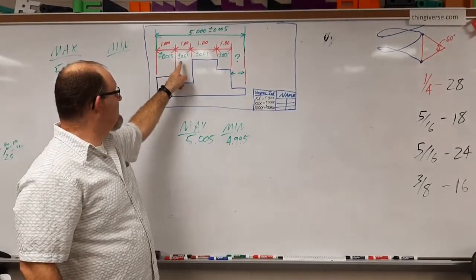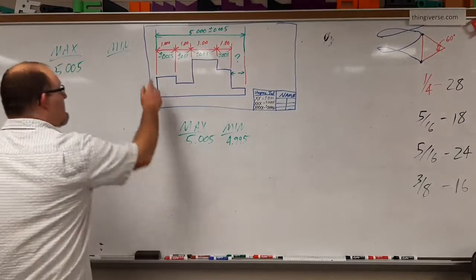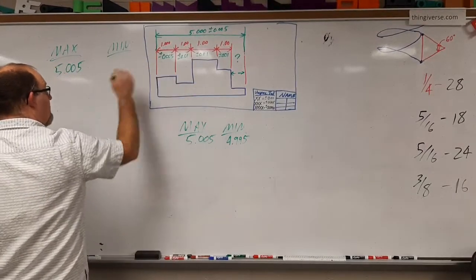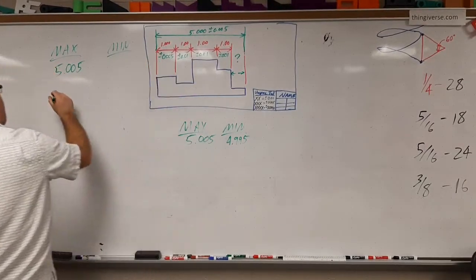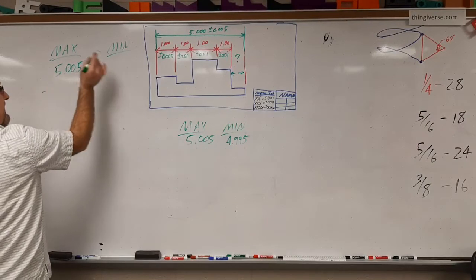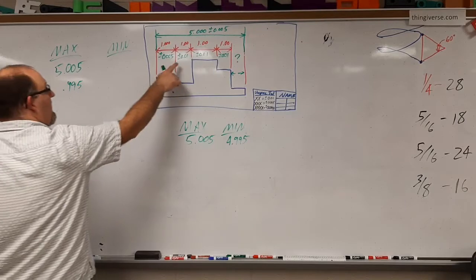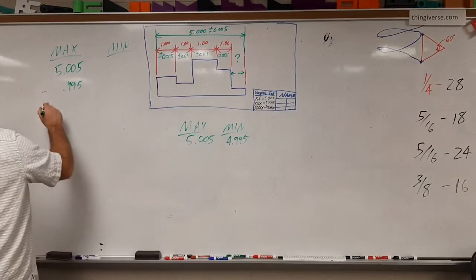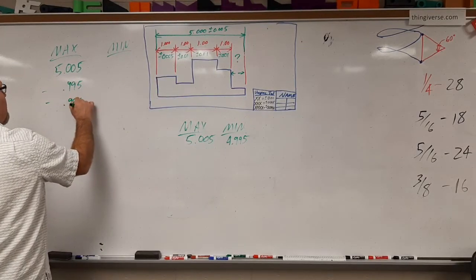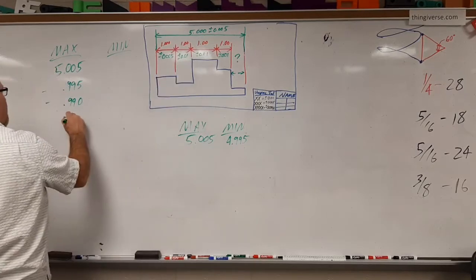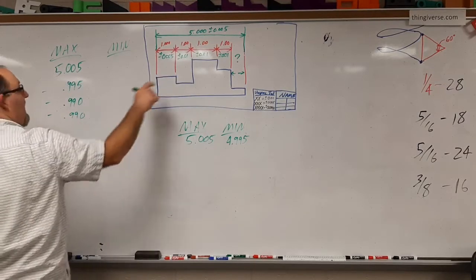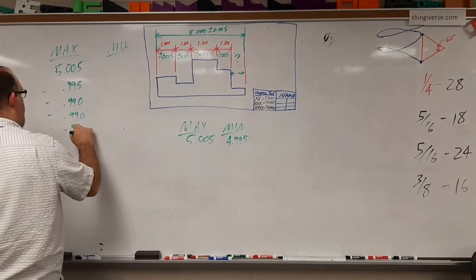So now we're going to use the minuses of all of these. So 1 at 3-place decimal would be 1 minus 5/1000ths, which would be 0.995. We would have the 1 minus 0.01, which would be 0.990. The next one, 0.990. And then the next one, 0.990.